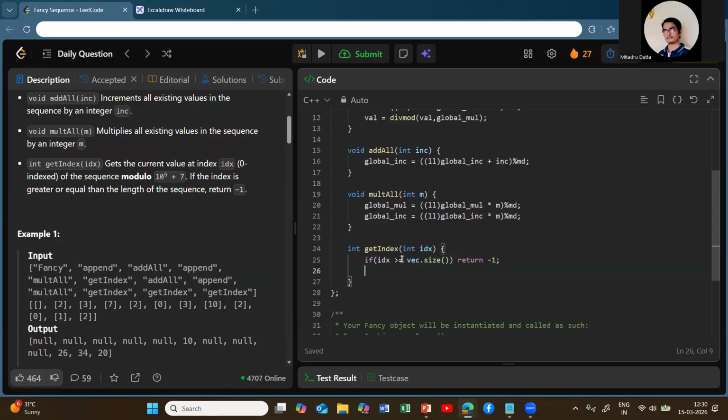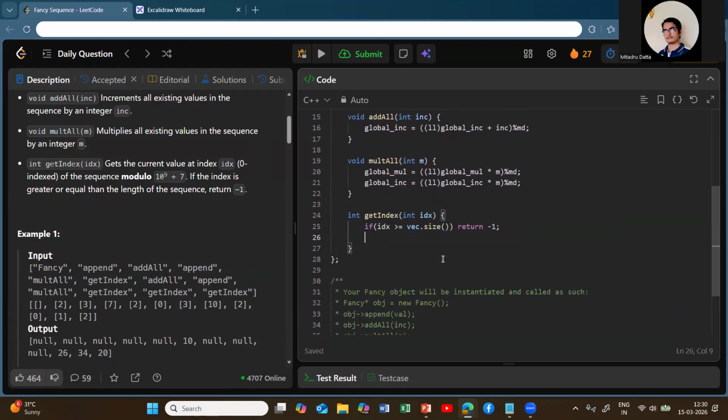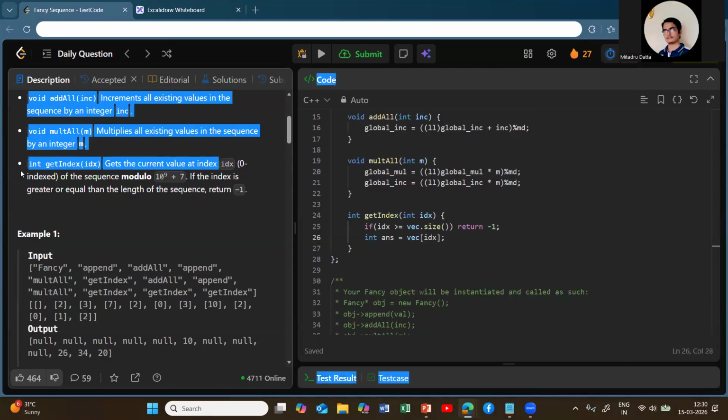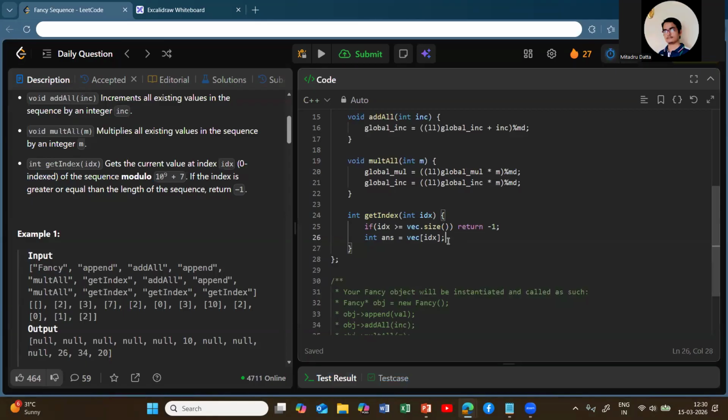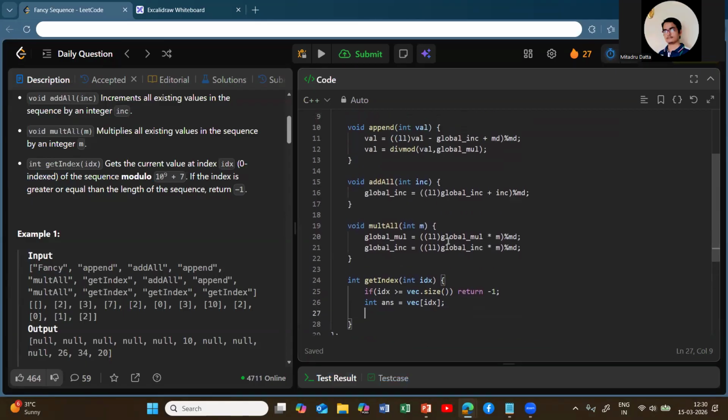Otherwise, you have an answer which is nothing but the vector at a particular index. This is a zero-based index, so you do not need to do anything. You just access this element, and this value you had subtracted and divided, right?